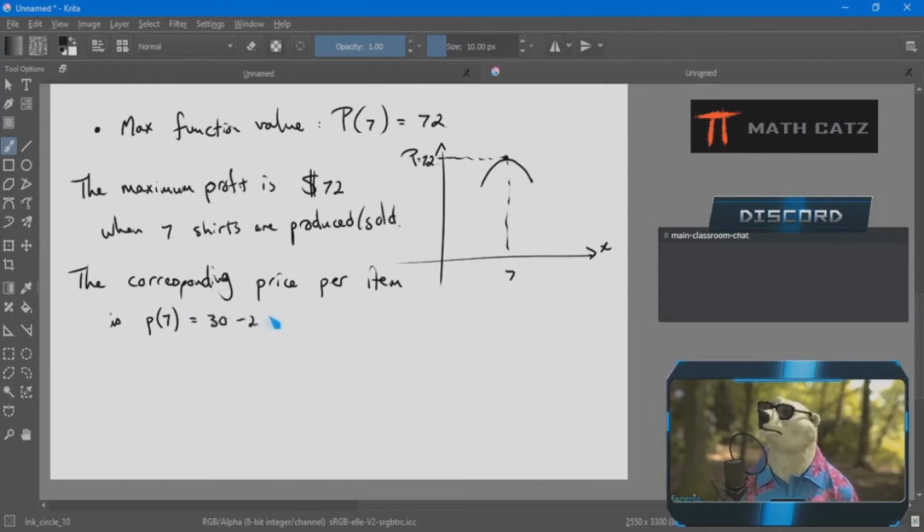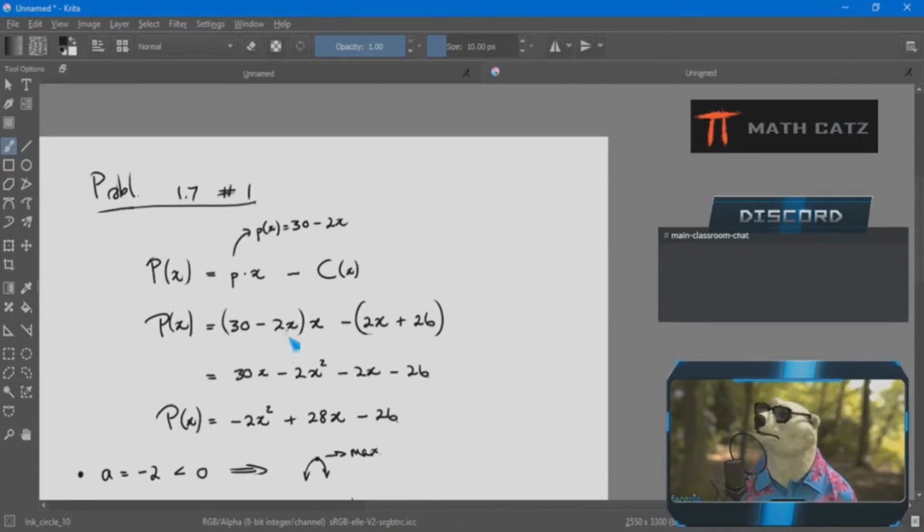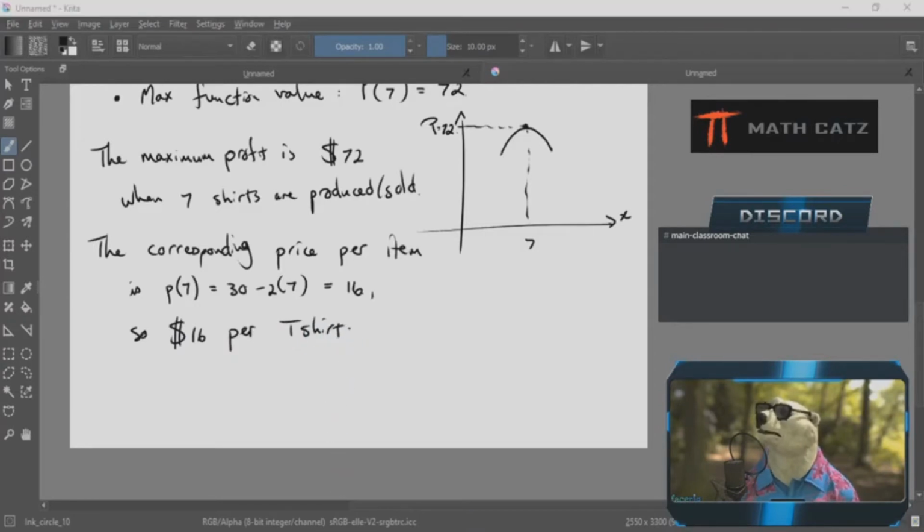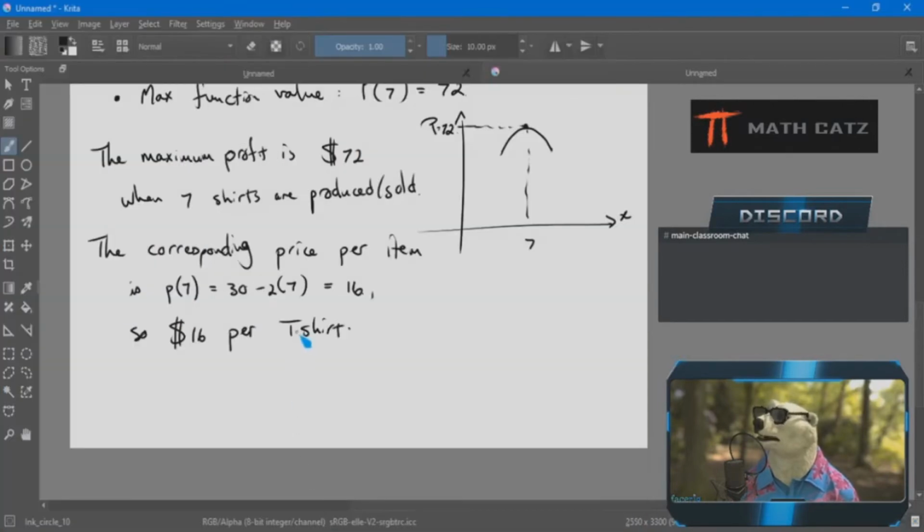What was it? 30 minus 2x. So 30 minus 2 times 7. Let me double check. I have a terrible memory. Now I'm sure. Okay. So that would be 30 minus 14 is 16. So in other words, $16 per t-shirt, as they ask. Oh, t-shirt gets a little hyphen.